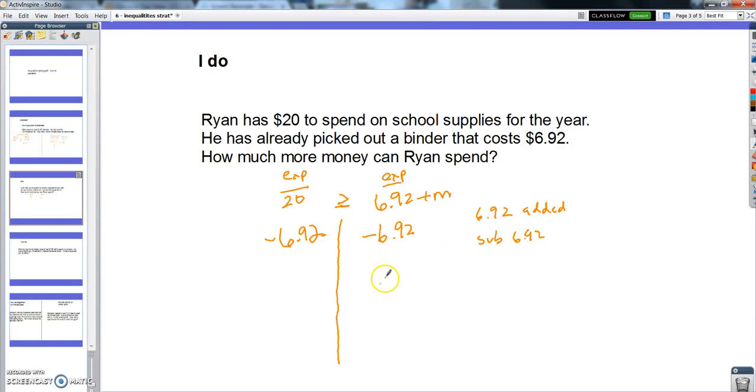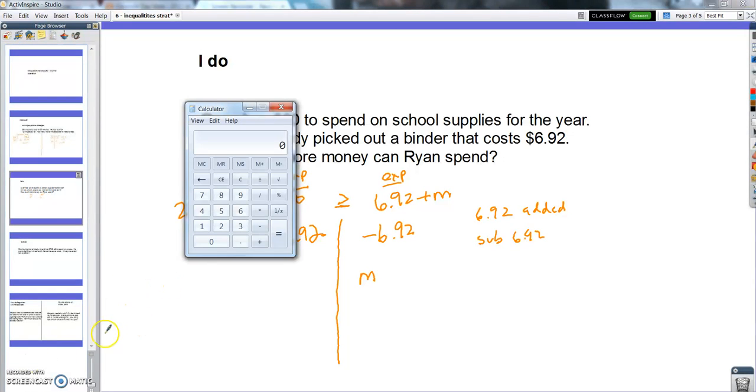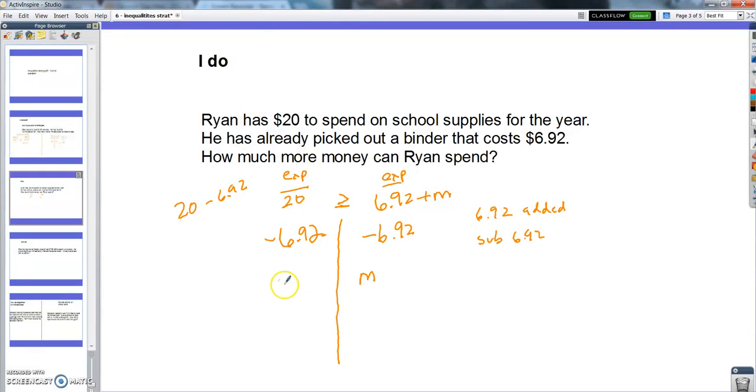So the only thing left on this side is the M. And over here, I've got 20 minus 6.92. So let me open my calculator. 20 minus 6.92 is 13.08 on this side.